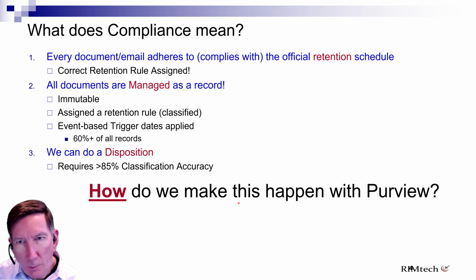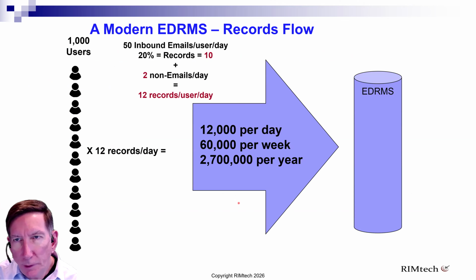So now, how do we make this happen with Purview? Well, you probably know instinctively what I know by observation over the years, which is that the flow rate of records these days for an organization of about 1,000 users would be 12 records per person per day. Okay, so records aren't static.